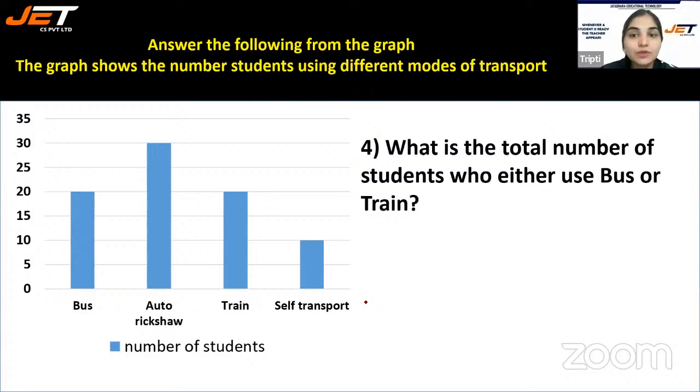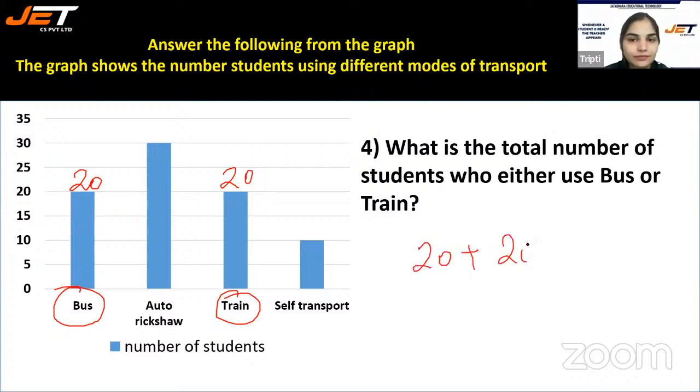What is the total number of students who either use bus or train? So in that case, you need to take bus or train. 20 are using bus and 20 are coming by train, which makes a total of 40.